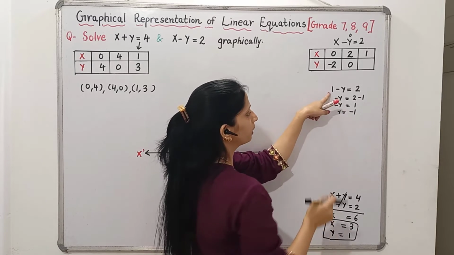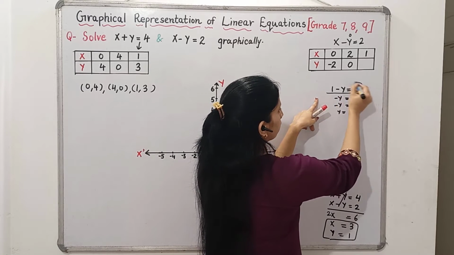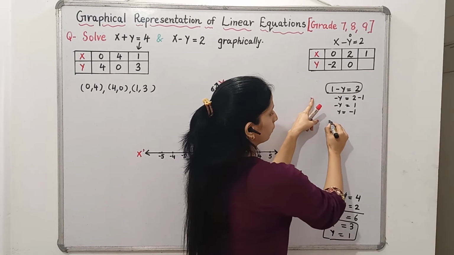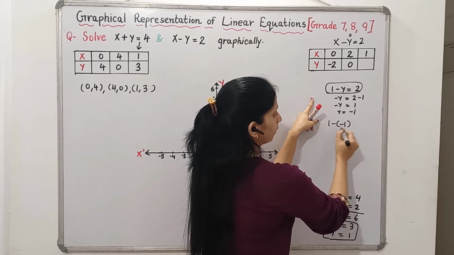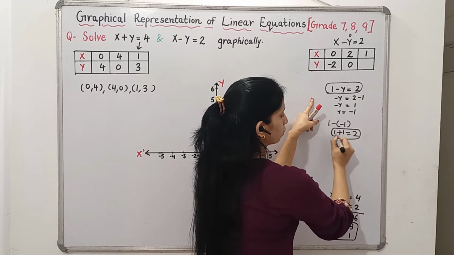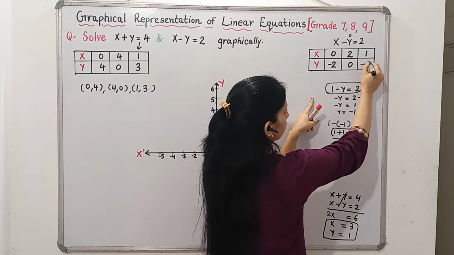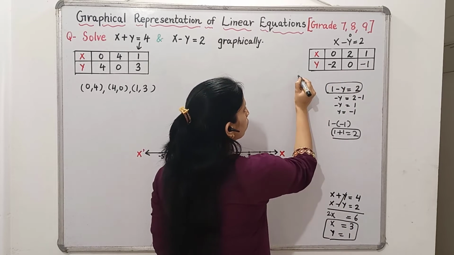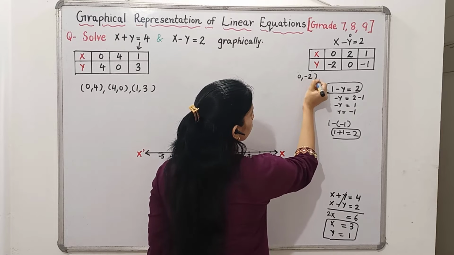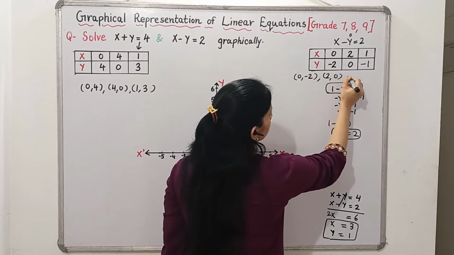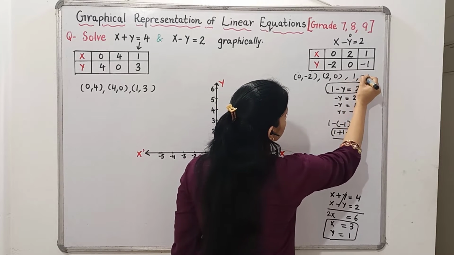Or simply, we can check what value of y gives 2: minus 1, so 1 minus minus 1 is 1 plus 1, that is equal to 2. So the value of y will be minus 1. This means the points to be plotted will be (0, -2), (2, 0) and (1, -1).